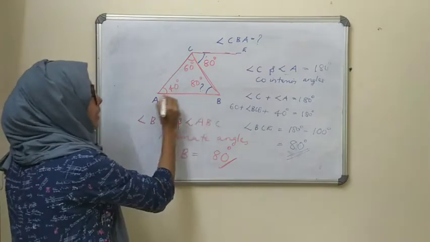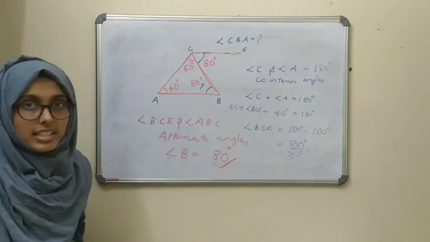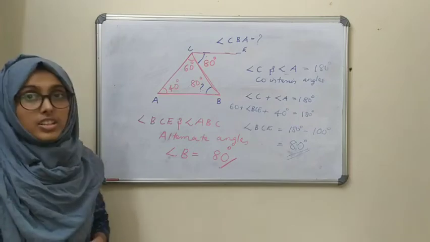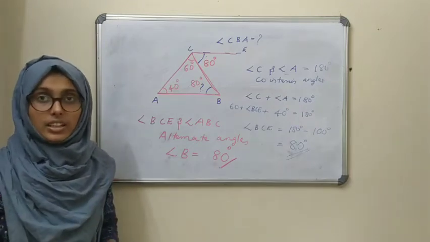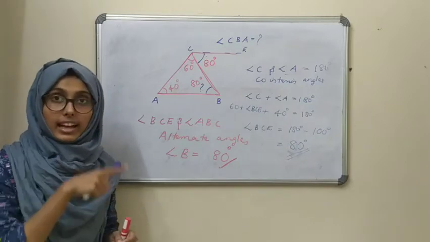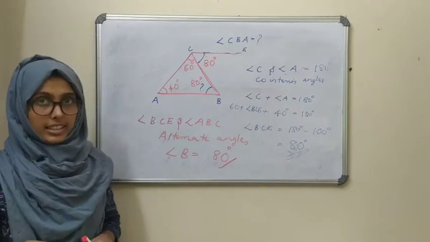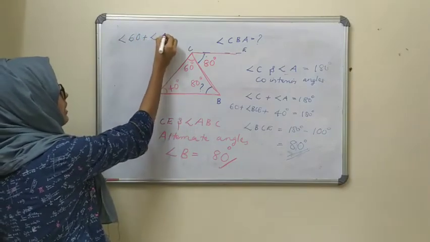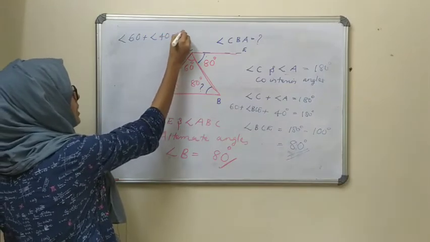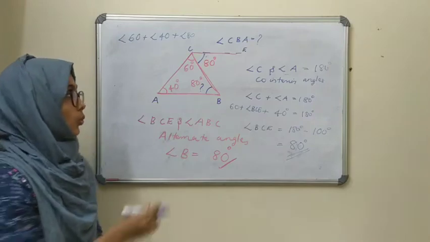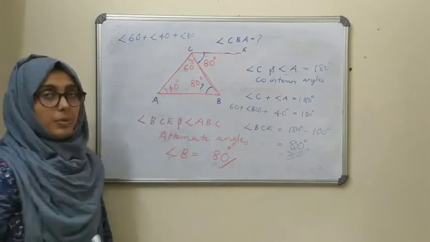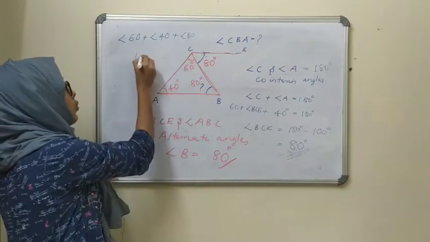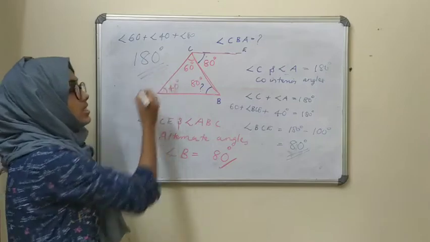Angle ABC, or angle B, is 80 degrees. Now look, we are checking whether this angle is right. In any triangle, when we add the three angles, we get 180 degrees. So 60 plus 40 plus 80: 60 plus 40 is 100, and 100 plus 80 is 180. So now we got the sum as 180.